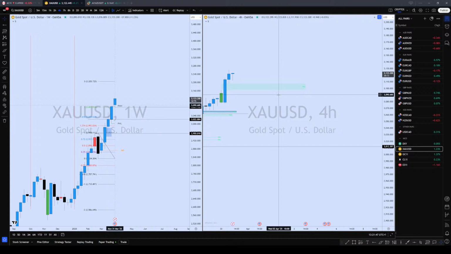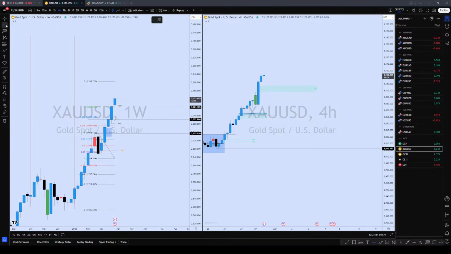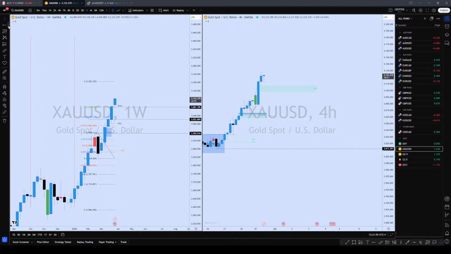So you can use the down candle on the H4 as your quote unquote protection. So if you're buying, make sure that you protect yourself with the down candle on the H4 if you're going to keep buying, or the fair value gap, any of them.